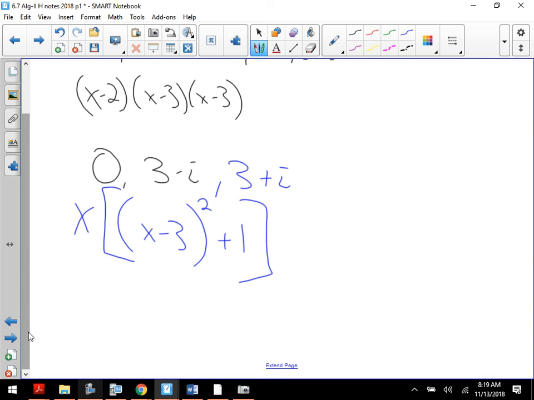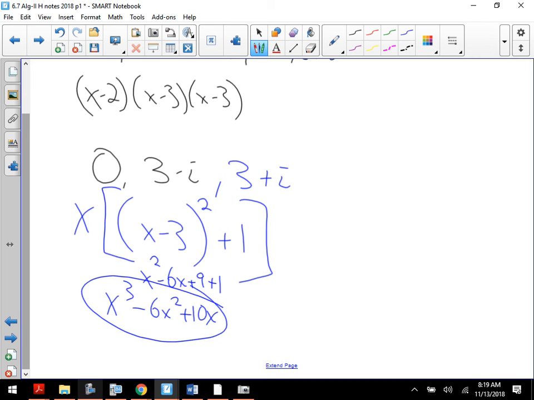Because that's where most of you will just write, oh, it's x squared plus 9. So this becomes x cubed minus 6x squared plus 10x. Polynomial of least degree.